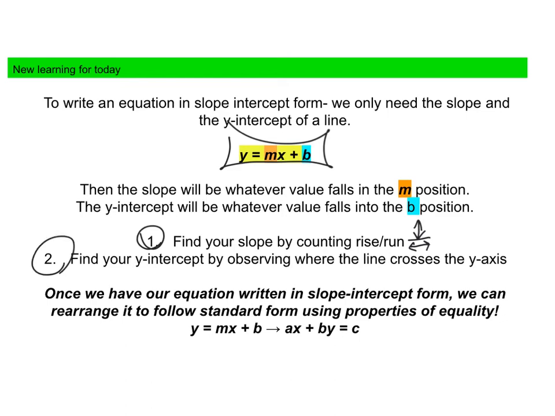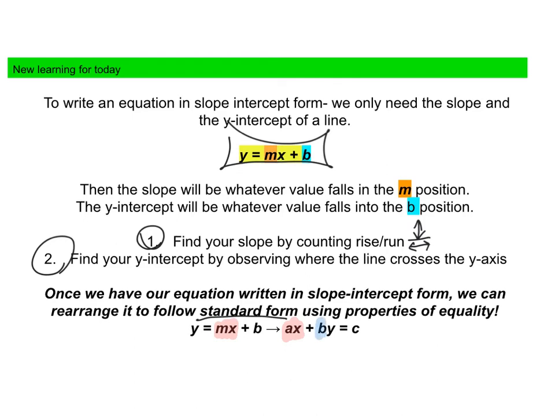Okay, so that's things we've already known, but today what we're practicing that's a little bit new is that once we have our equation written in slope-intercept form, we can rearrange it to follow standard form. Okay, so we want our a's to always be first, our ax's, so whatever x is attached to is the same as mx.